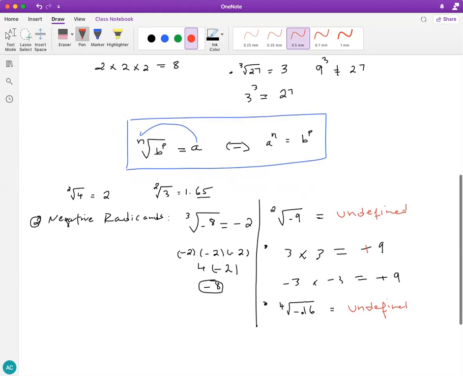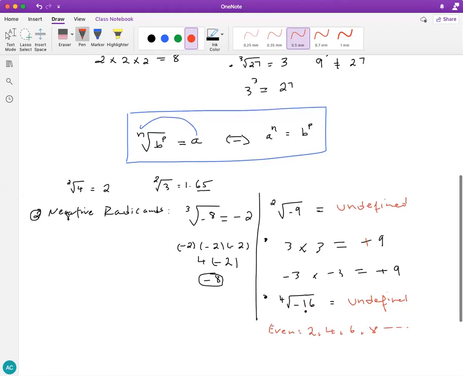Okay, so whenever you see a negative under the radical, look at the index. If the index is even, again, even meaning 2, 4, 6, and 8, this cannot be negative, because whenever you multiply a number by itself an even number of times, it's always going to end up positive. It will never be negative.